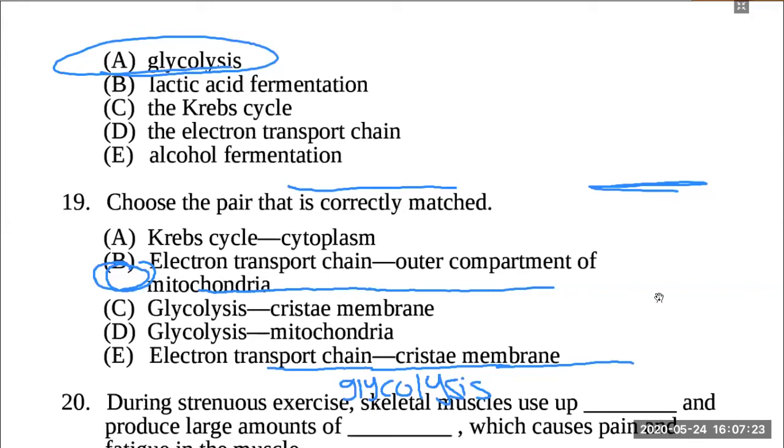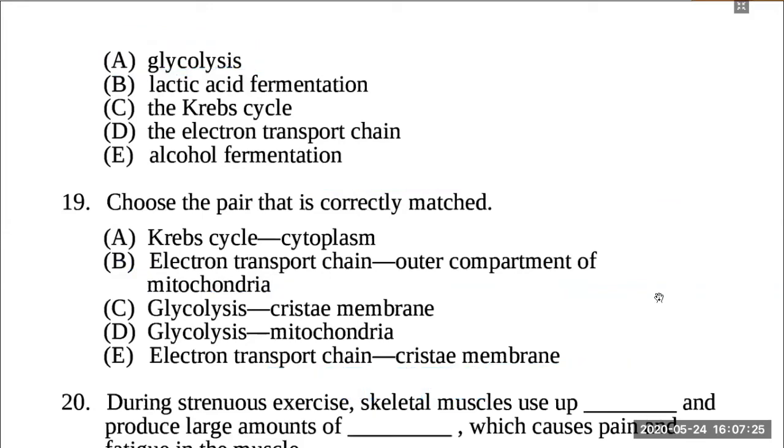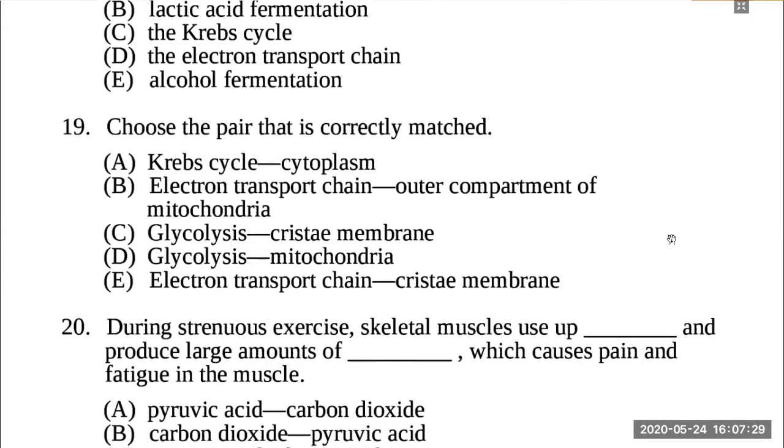Now let us read question 19. It says, choose the pair that's correctly matched. So one of these five choices is true. Krebs cycle and cytoplasm, we know that this is not true. The Krebs cycle takes place inside the matrix, not the cytoplasm.